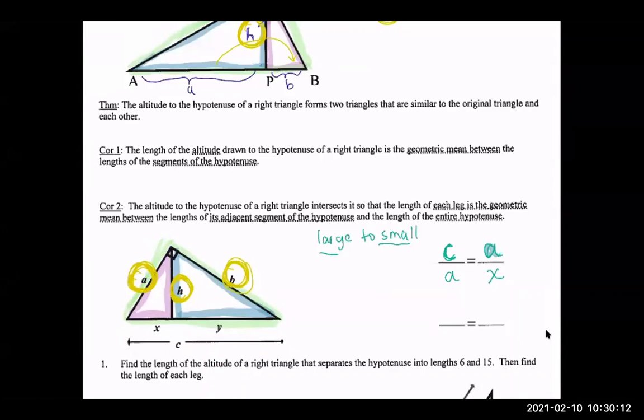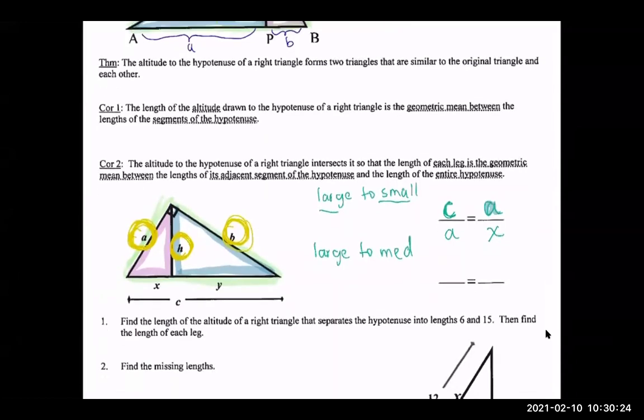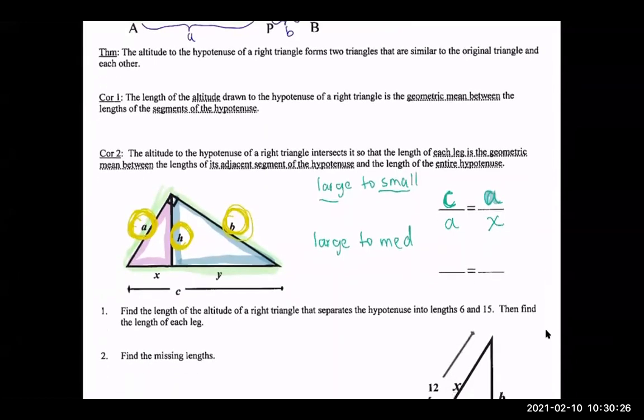Okay, so that's going to be very similar to the next one. If we do the next one, this is going to be a comparison of large to medium this time. Okay, so let's start off with, what's the hypotenuse of the large triangle?